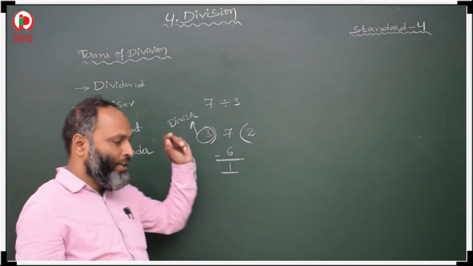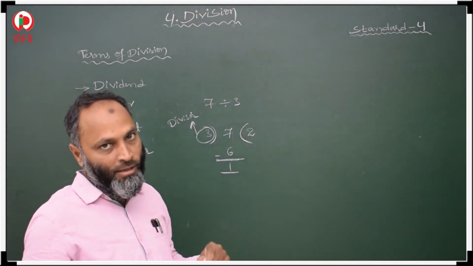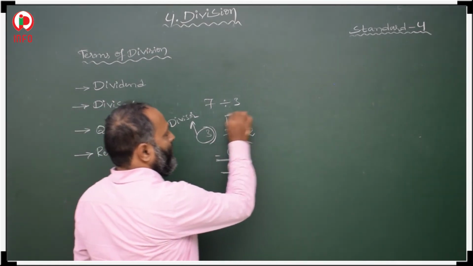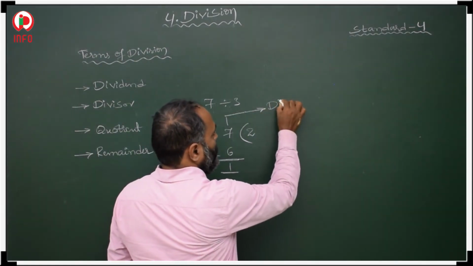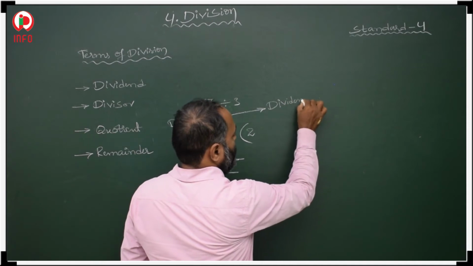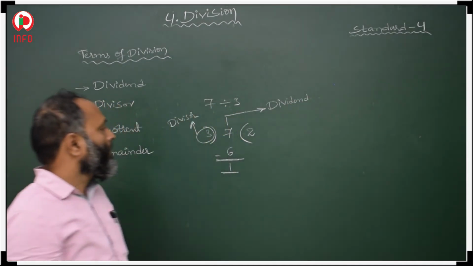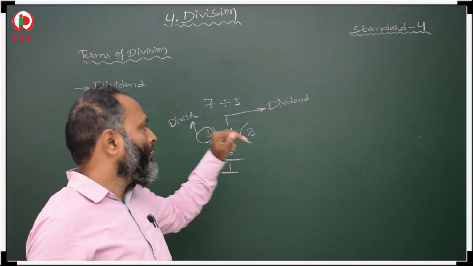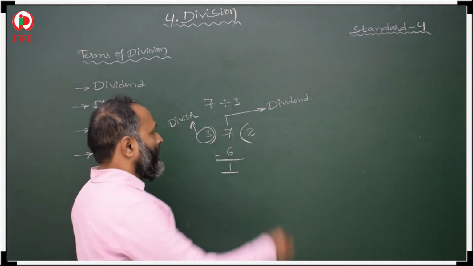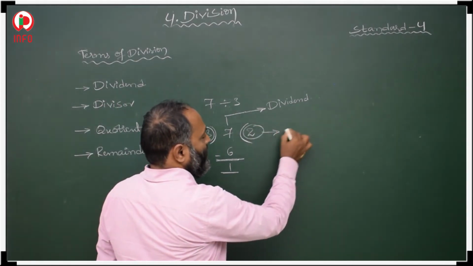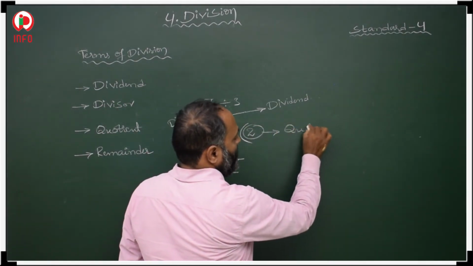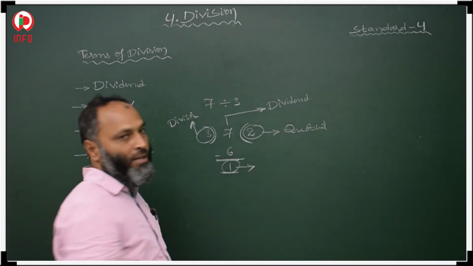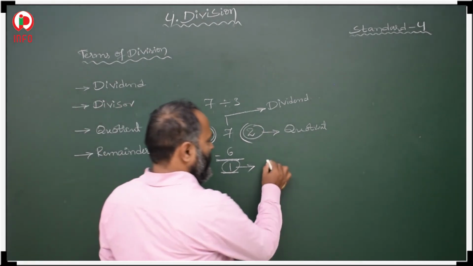The number which divides is called the divisor. Then the middle one is called the dividend, the number which is divided by a number. Then the quotient: what is the answer here? That is the quotient. And the number which is left after the division is called the remainder.